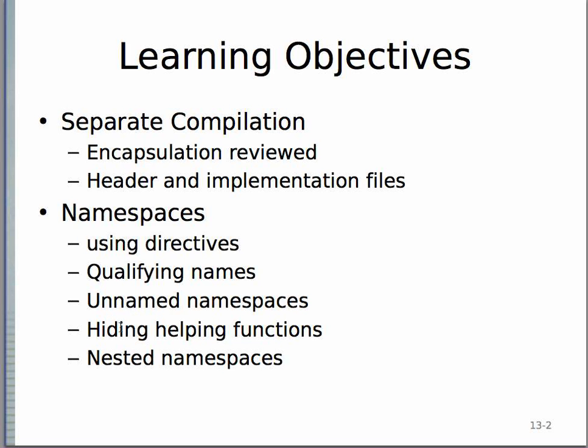We'll also look at hiding some helping functions in namespaces, and nesting namespaces. That's just having a namespace inside a namespace. It's somewhat similar to the idea of a package inside another package in Java. So there are some similarities, but it's not exactly the same.